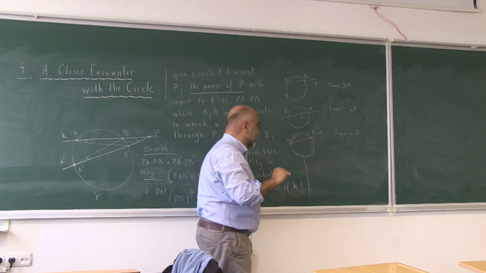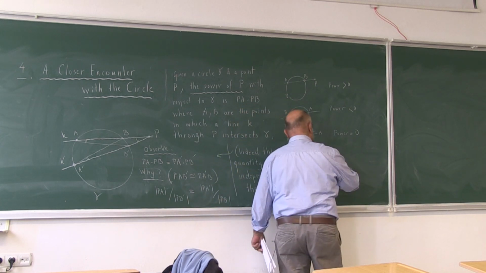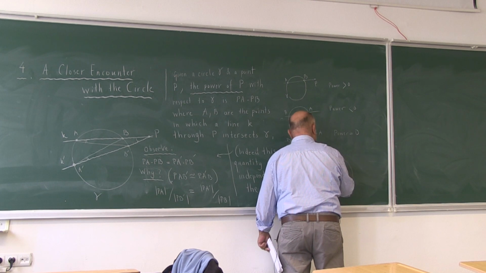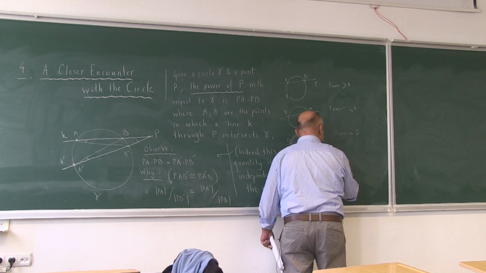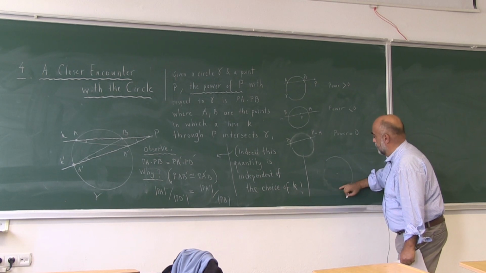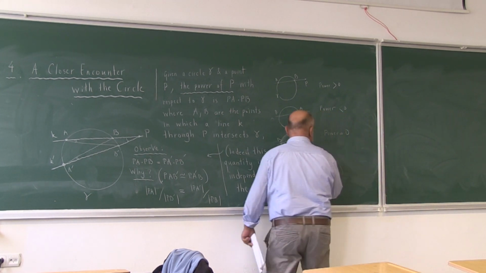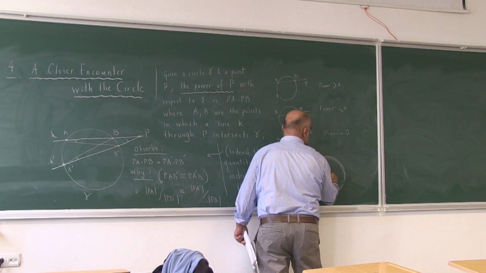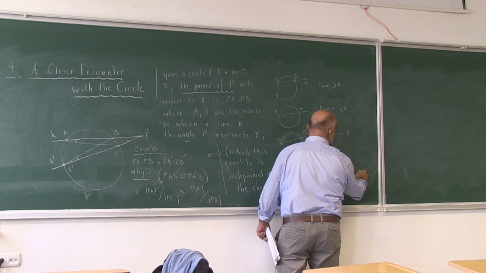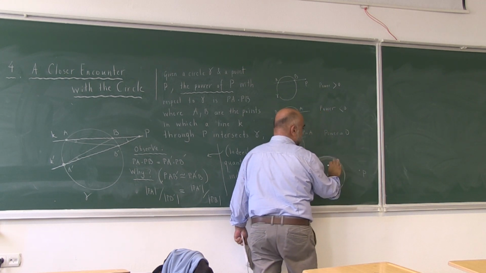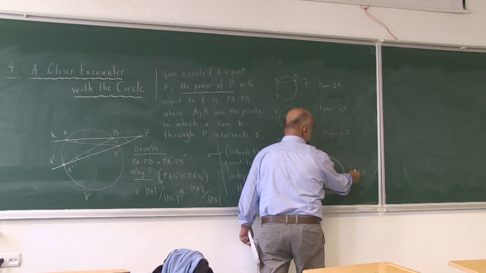Okay, so let me make this absolutely clear. Let me also make the following remark, finally. For instance, you have got this point. Okay, here's your circle, and here's your point, and let me take the situation where the point P is outside the circle now.